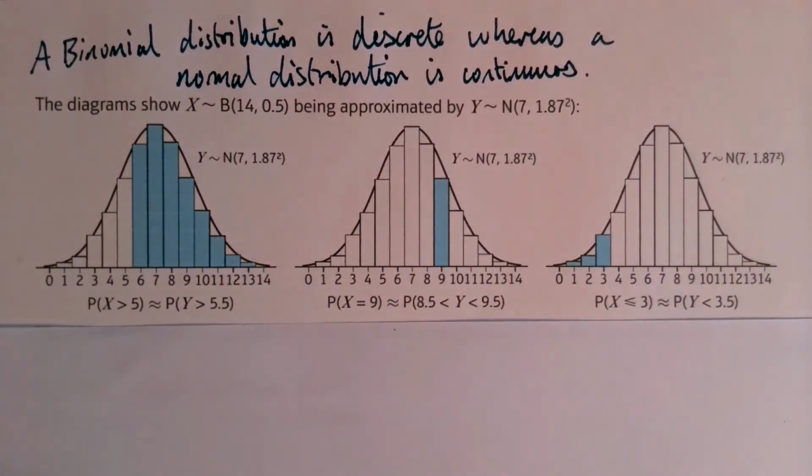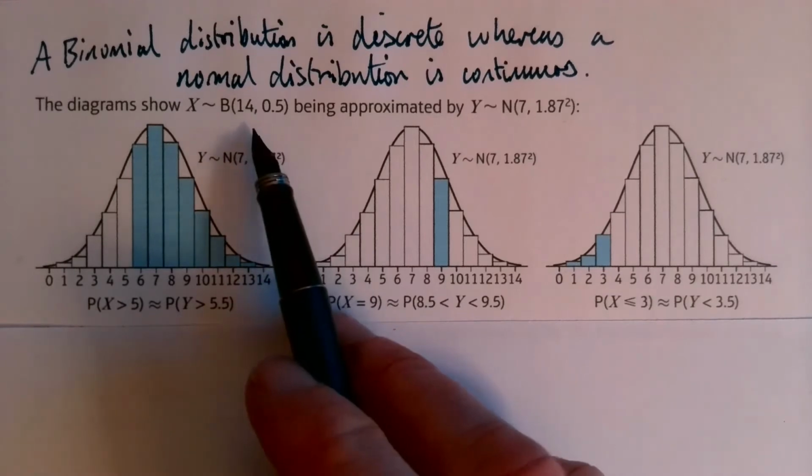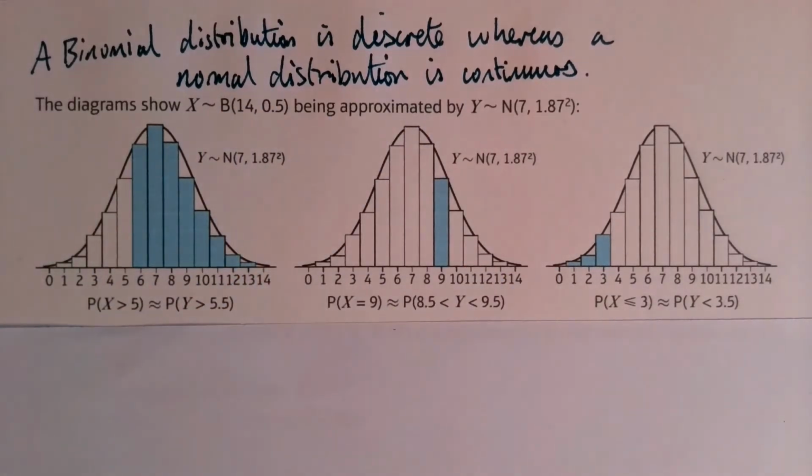Which means when we're looking at the binomial, we're only looking at whole number values, but a normal distribution could go anywhere within it. And that means that if we are looking at a binomial distribution and we're approximating it with a normal one, we're going to have to do something to kind of standardize what's going on.